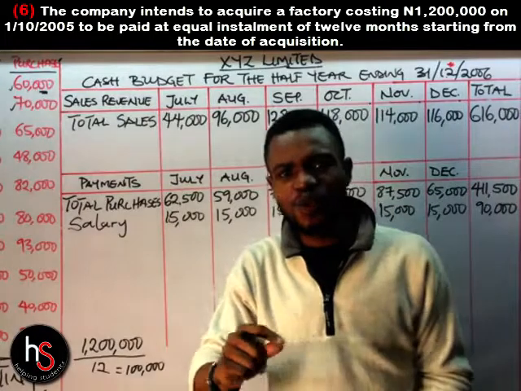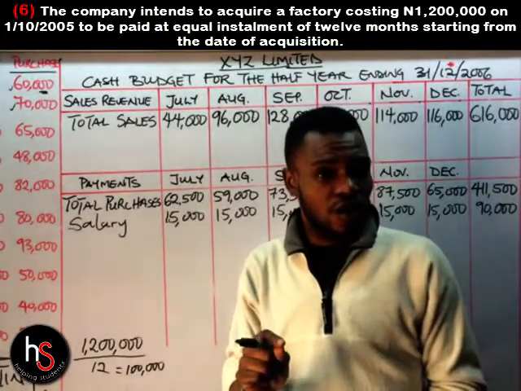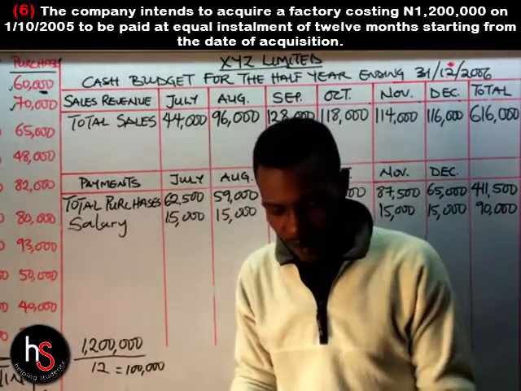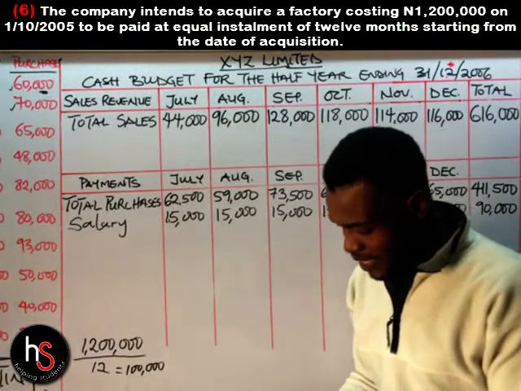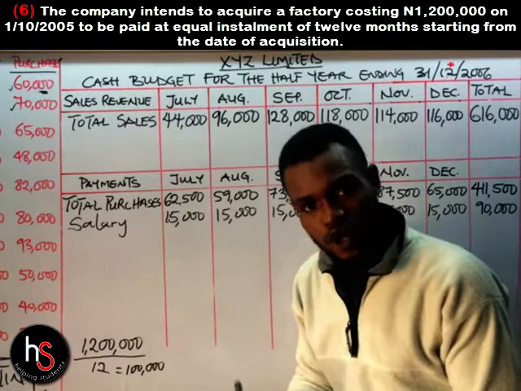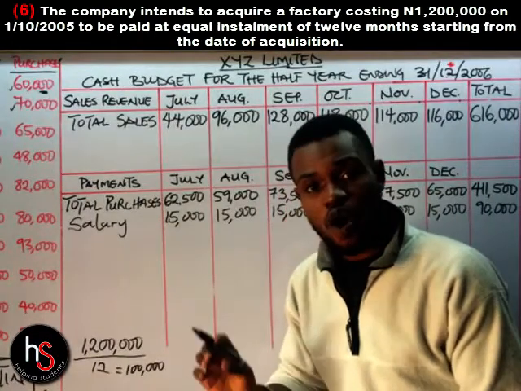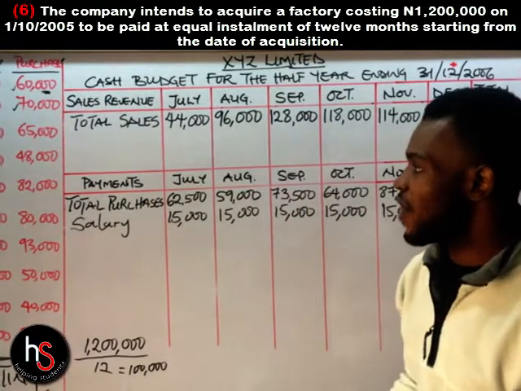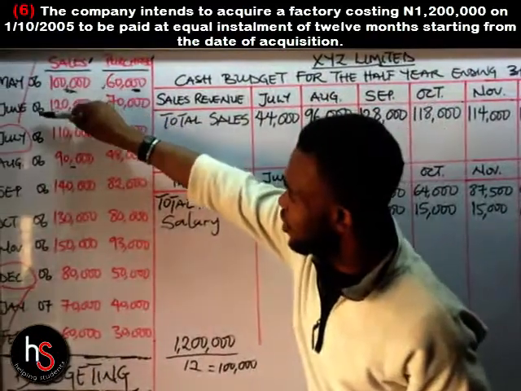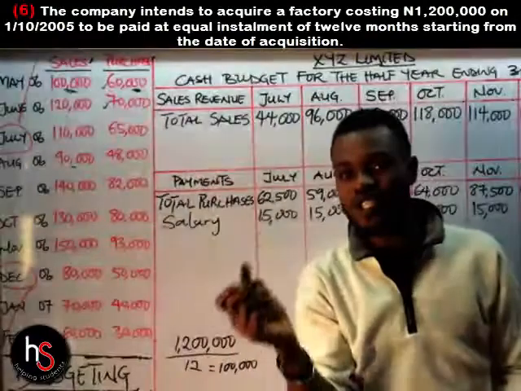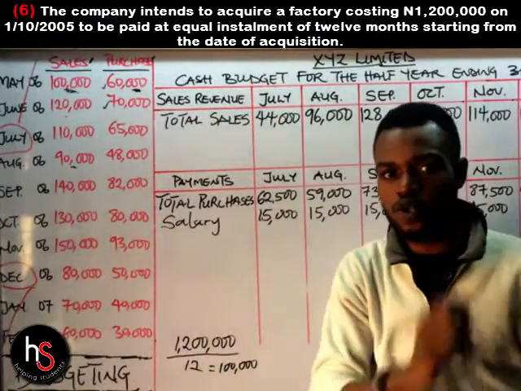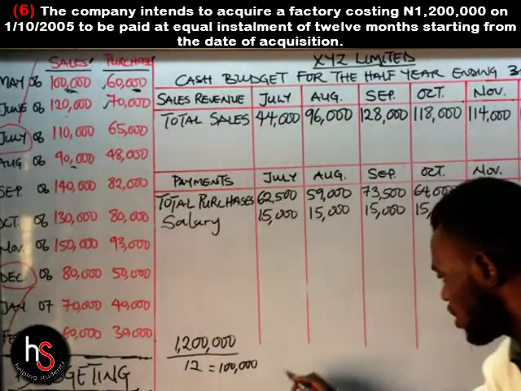Now, the next thing you do is to take note of the date of acquisition. So we are told that the date of acquisition is on the 1st of October 2005. Take a look at the dates we've been working on, 2006. So, watch this illustration.